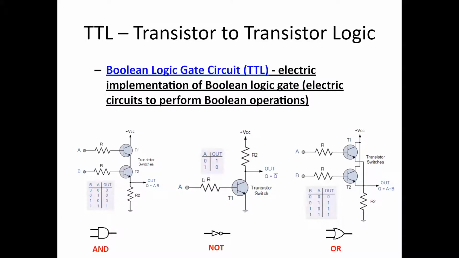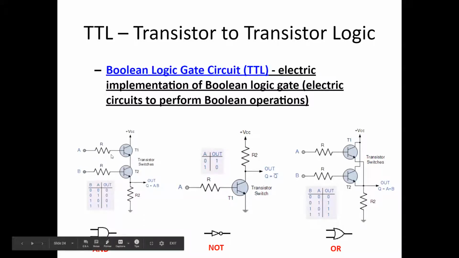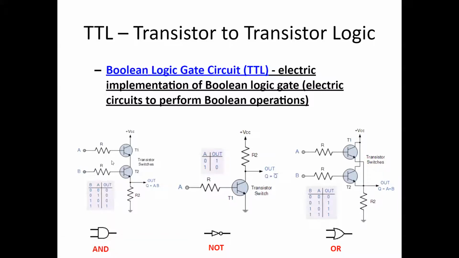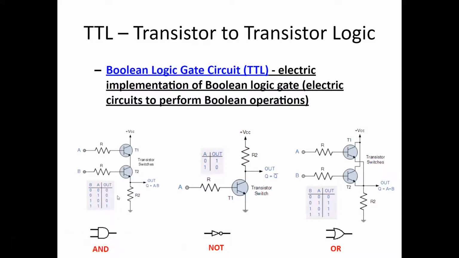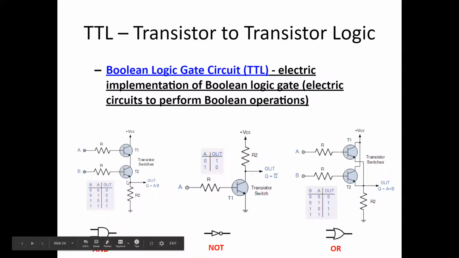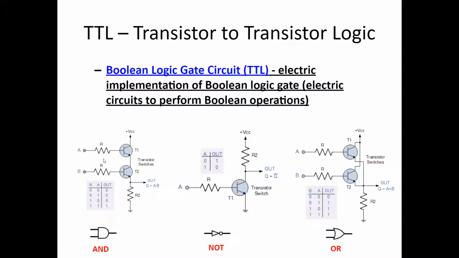So transistor-to-transistor logic. The Boolean logic gate circuit, or the electrical implementation of the Boolean logic gate. As you can see, this electrical circuit can be represented by these transistor switches.